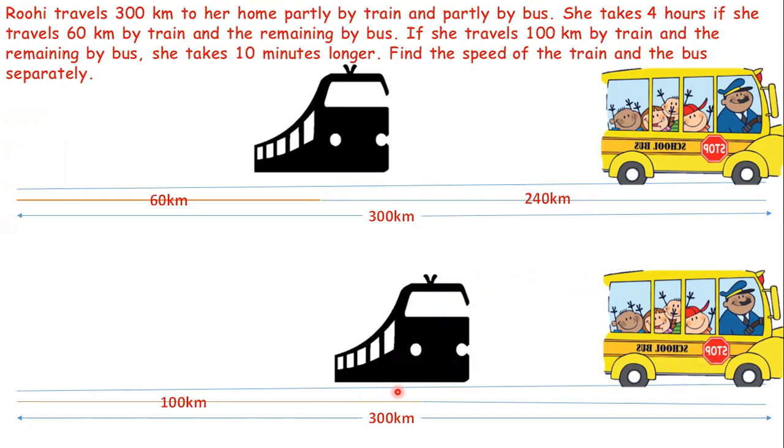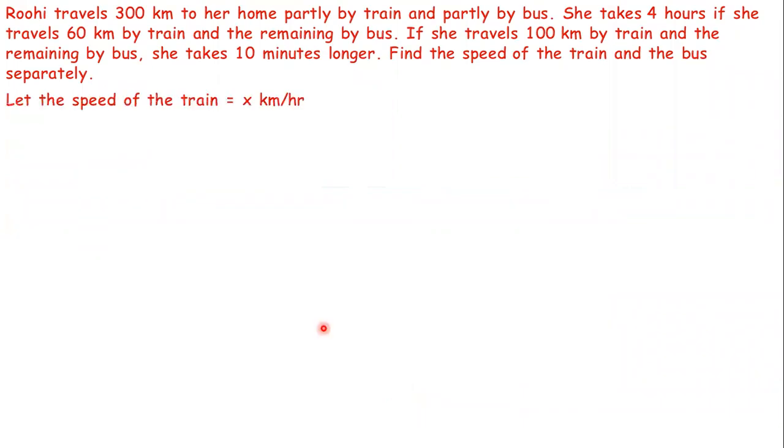Now let us solve this problem by converting into linear equation form. Let the speed of the train be x km per hour. Let the speed of the bus be y km per hour.